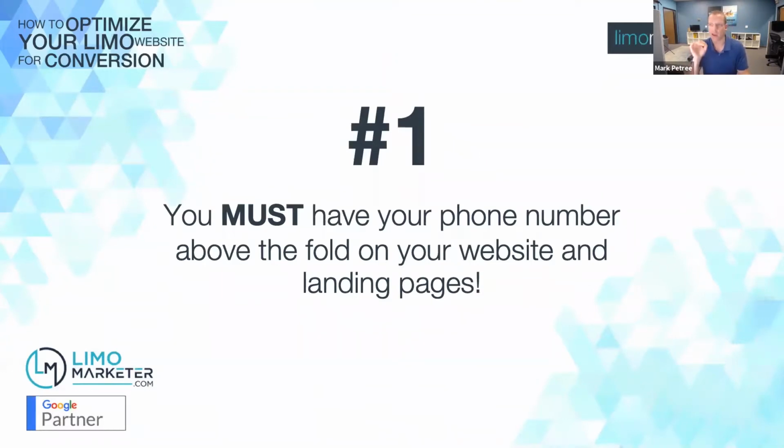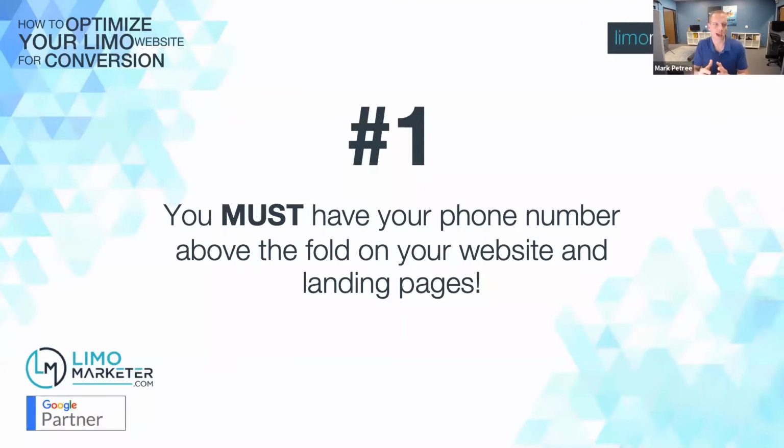So what I want you guys to do right now, if you could, is go to your mobile site on your main website. Go on your website right now on your cell phone, and I want you to see, do you have the phone number above the fold that you can click on? Because I see this all the time too, where I go to a website's mobile page and the phone number's there, but you can't actually click on it.